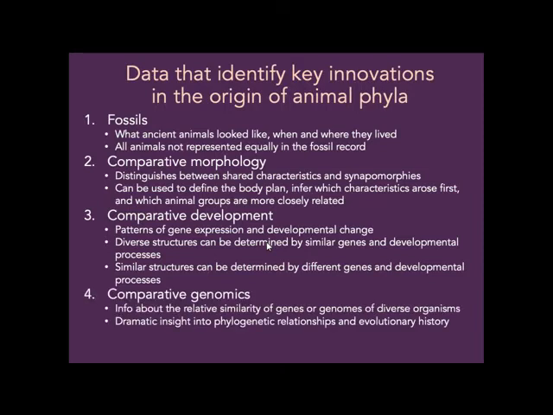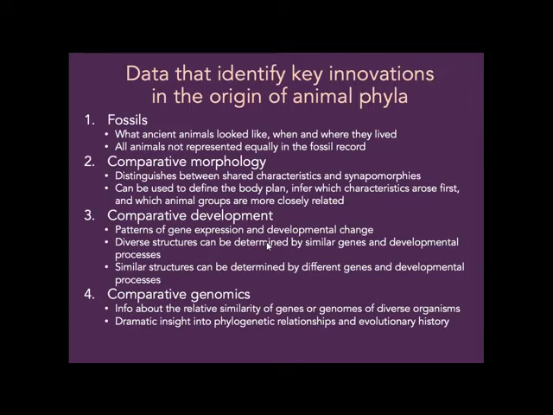The fourth thing is comparative genomics. And so, do you remember what the genome is? Yeah, that's just all of the DNA you got in your entire body, coding, non-coding, all of it. Yeah, so that's genomics. So we can use all of that information about genes and genomes of diverse organisms and see how they're similar or different.